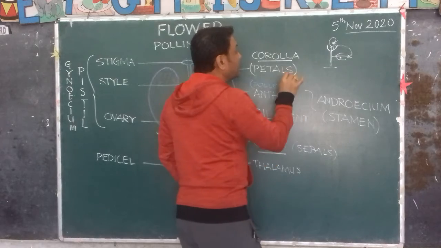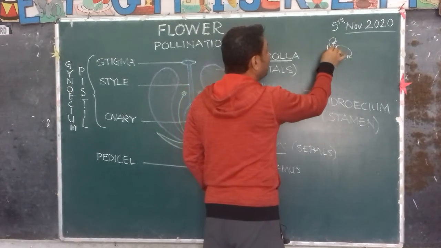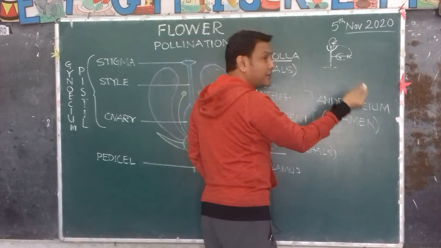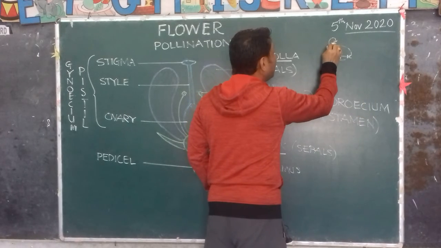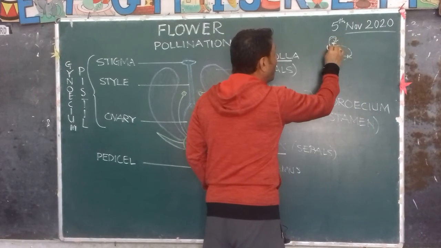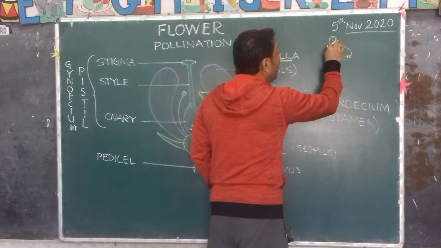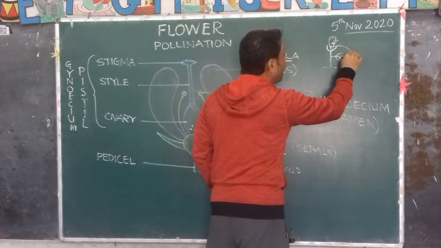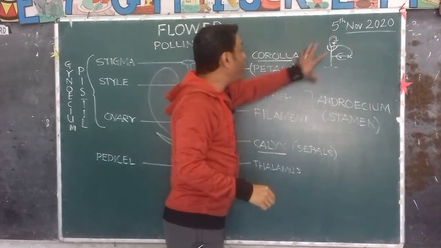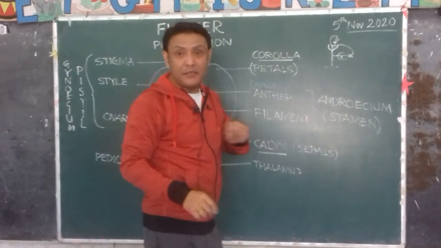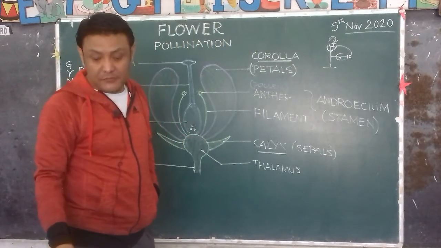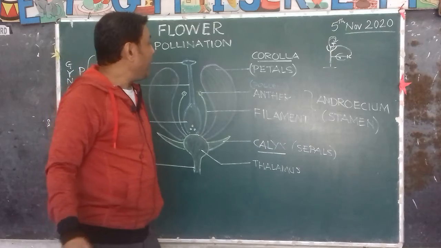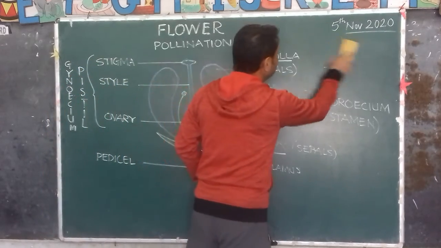Once more, self-pollination is the transfer of pollen grains from the anther to the stigma, obviously, of the same flower, or the transfer of pollen grains from the anther to the stigma of another flower borne by the same plant. This is called self-pollination.